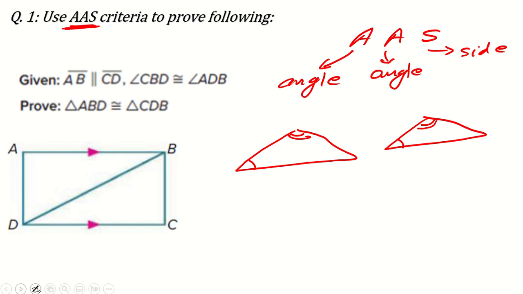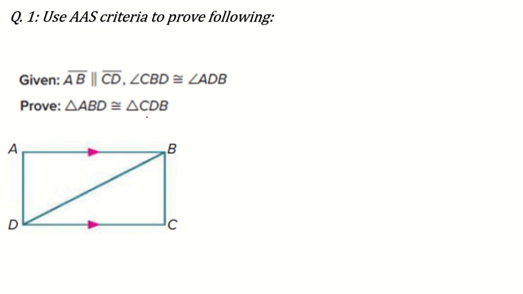Okay, now let's finish the question. These are the things given here: AB is parallel to CD, it is given here with this sign, and angle CBD is equal to angle ADB, meaning these angles are given. Now, to make it easier to understand, let me make two separate triangles, one triangle here and one triangle here.